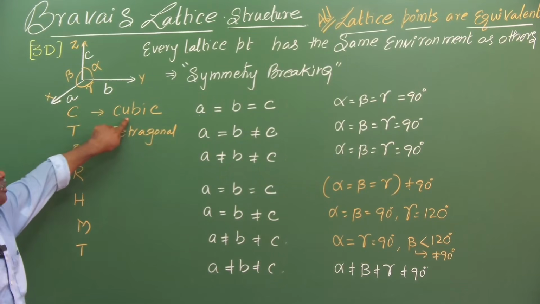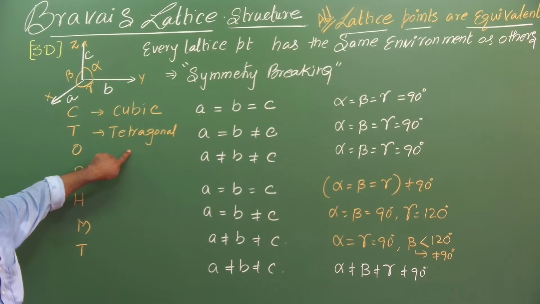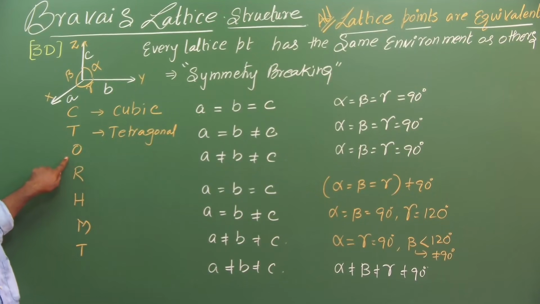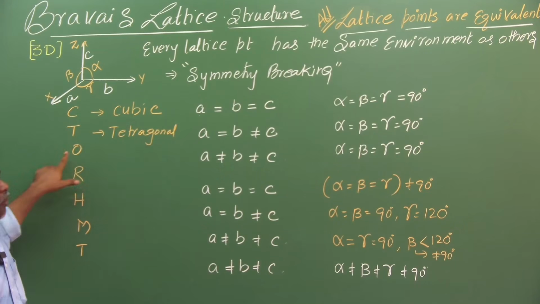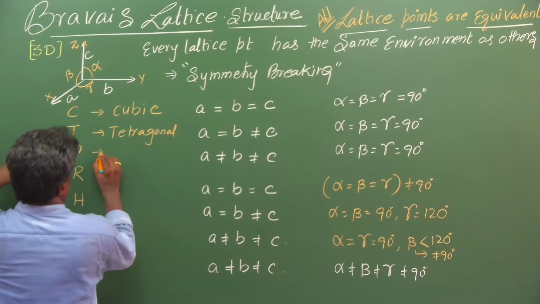C, T tetragonal, O orthorhombic, R rhombohedral, H hexagonal, M monoclinic, T triclinic. Ready? C T O R H M T. That's it. Right?